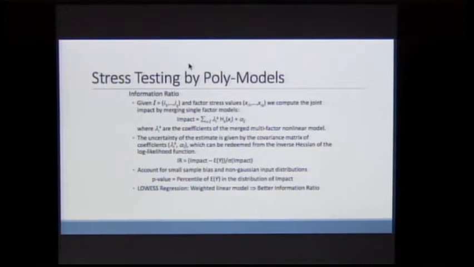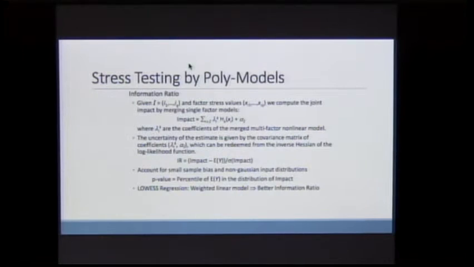And you see that for every single factor or subset of factors, if it's a single factor, you calibrate the model, you get some uncertainty on the coefficients. Then you say, I want to move the factor to a certain level, therefore that prediction has a certain uncertainty, and I get the ratio between the impact and the uncertainty.